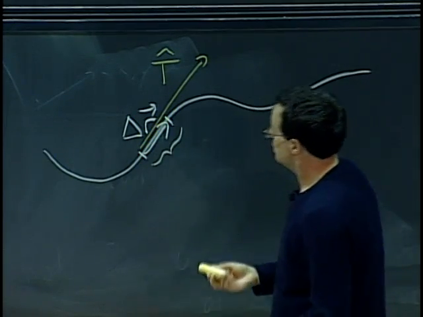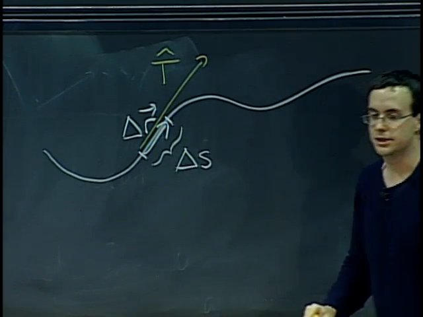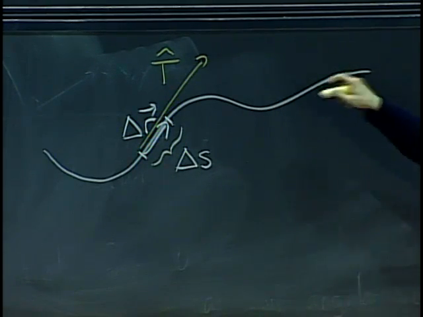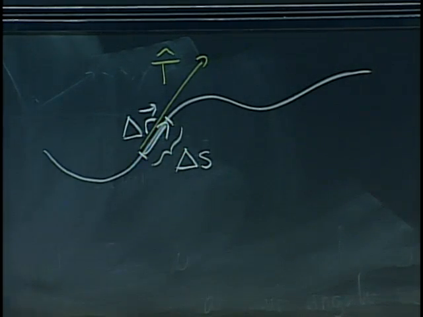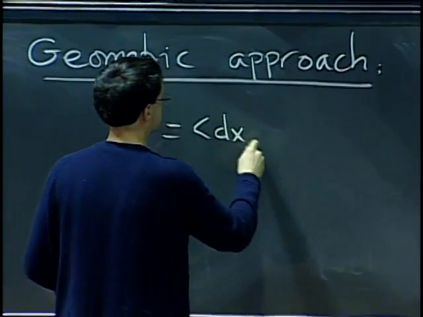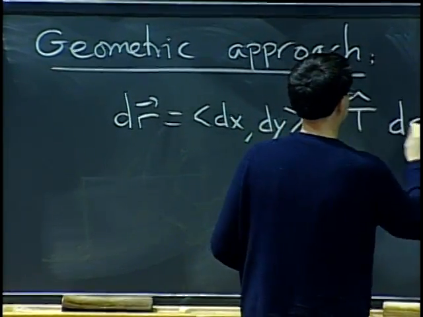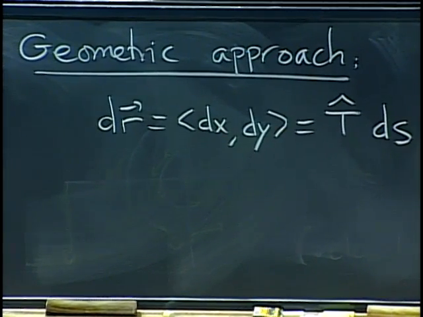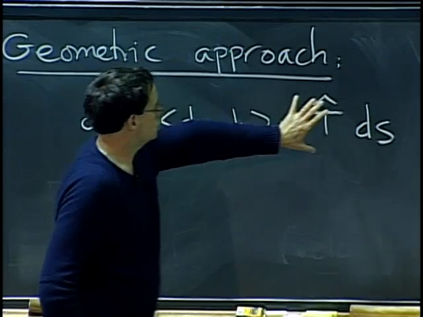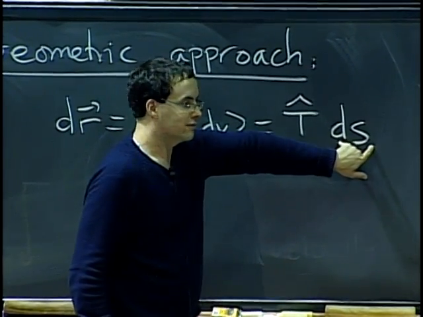Well, its length is the arc length along the trajectory, which is what we called delta s. Remember, s was distance along the trajectory. So we can write vector dr. So we say it's dx, dy, but that's also t times ds. It's a vector whose direction is tangent to the curve and whose length element is actually the arc length element.